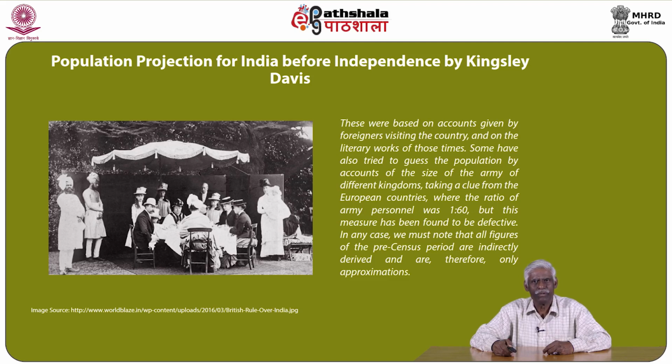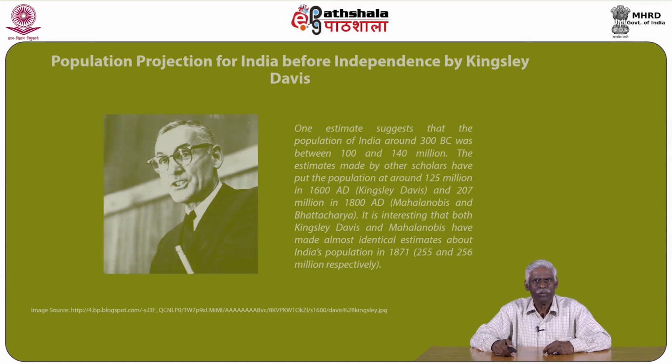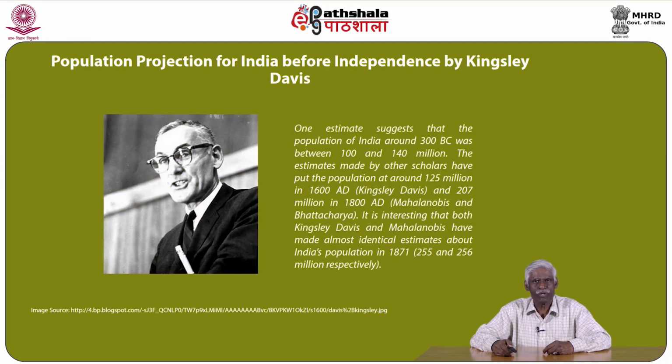In any case, we must note that all figures of the pre-census period are indirectly derived and therefore only approximations. One estimate suggests that the population of India around 300 BC was between 100 and 140 million. The estimates made by other scholars put the population at around 125 million in 1600 AD, as brought out by Kingsley Davis, and 207 million in 1800 AD, as mentioned by Mahalanobis and Bhattacharya.